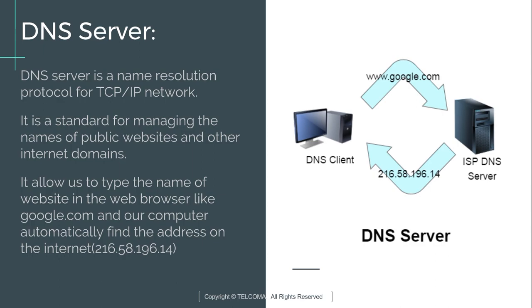It allows us to type the name of a website in the web browser like www.google.com, and our computer automatically finds the address on the internet at 216.58.196.14, which is the IP address of the Google website. So ISP DNS servers give us the IP address of the particular website.